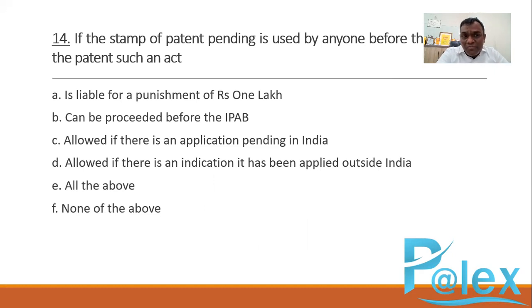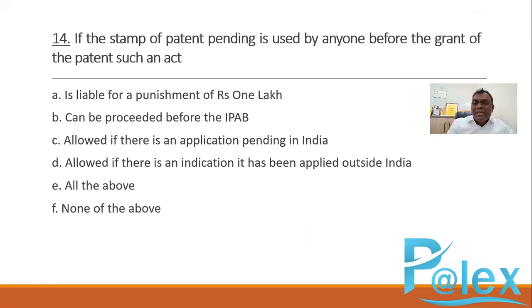Question 14. If the stamp of patent pending is used by anyone before the grant of the patent, such an act. Now, this is also in some jurisdictions called patent marking. So if you see a product therein, or the package, therein it would be written patented or patent pending. Now, what is asked here is: liable for a punishment of rupees 1 lakh, can be proceeded before IPAB, allowed if there is an application pending in India, allowed if there is an indication it has been applied outside India, all of the above and none of the above.